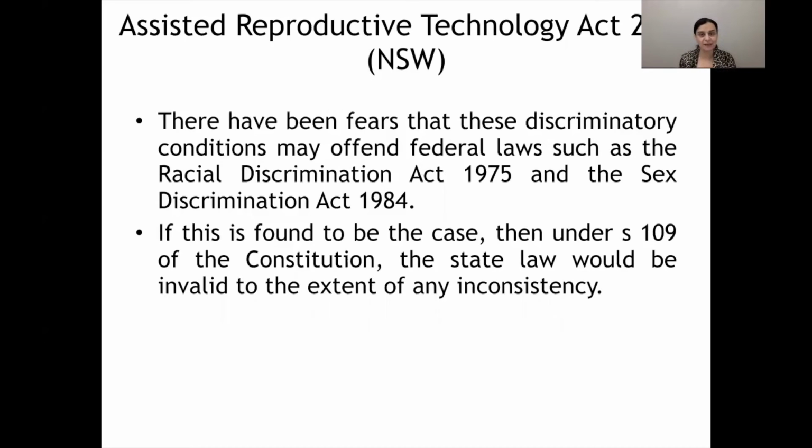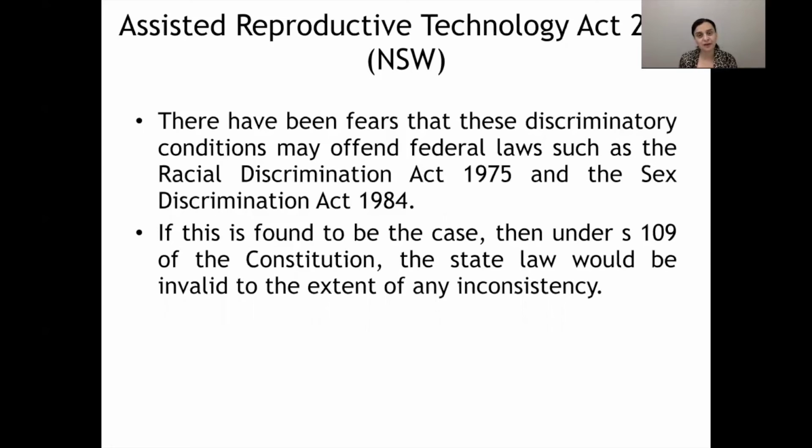And whether giving the gamete donor this implicit interest by restricting the use of the gamete contravenes the spirit of this other legislation. Now, it's untested in law at the moment, but certainly you could make the argument that it's only a matter of time before this will be challenged.